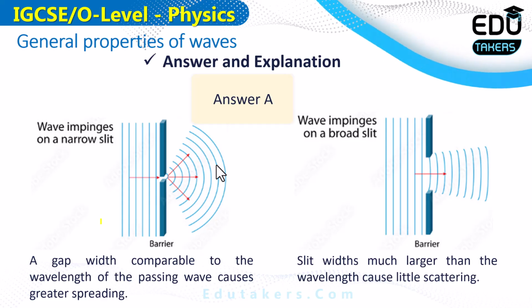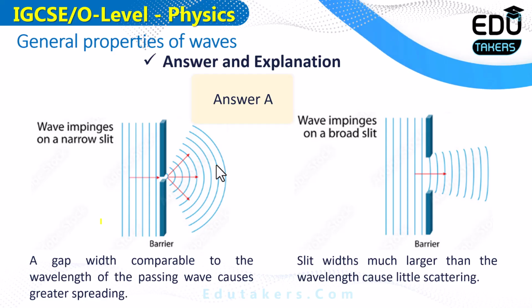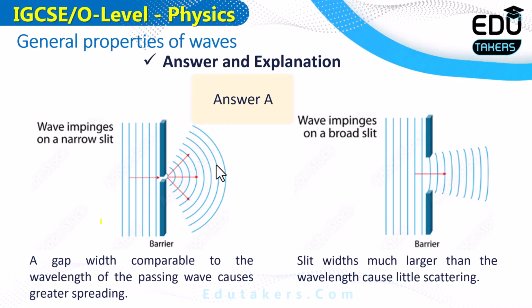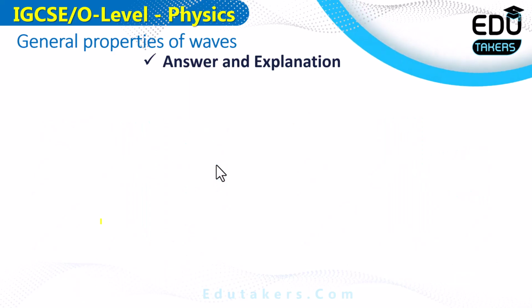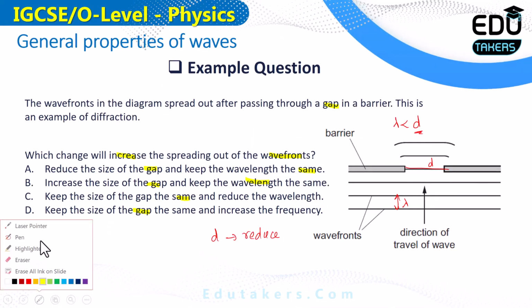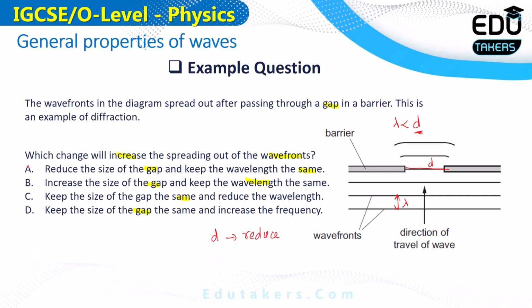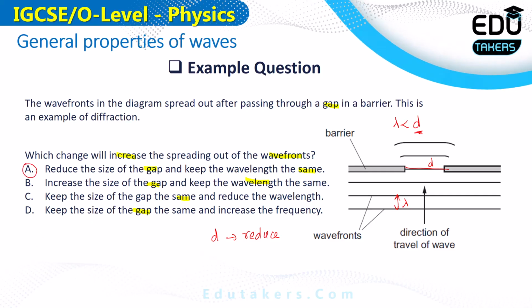Therefore, the correct answer is A. When you want to increase the amount of diffraction, you need to decrease the size of the gap by keeping the wavelength same. Let's go back and see answer A. In answer A, it's given that reduce the size of the gap and keep the wavelength same. That's why the correct answer is A.